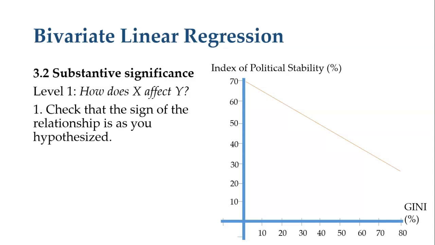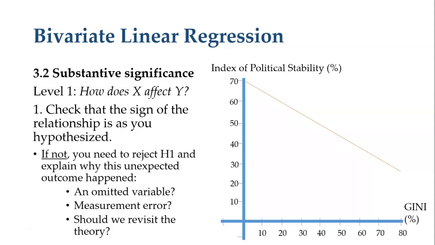And remember that we said that income inequality, in this case, is negatively related with political stability. So we expect to see that kind of relationship. The worst thing that can happen to you, between quotation marks, is that the relationship of interest is statistically significant, but the effect is the opposite.